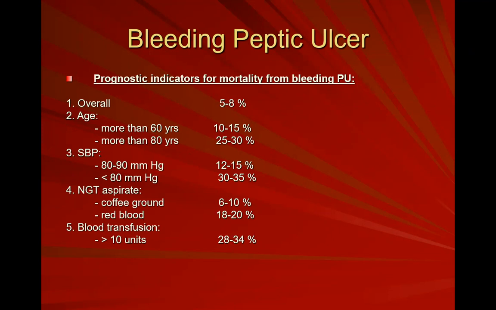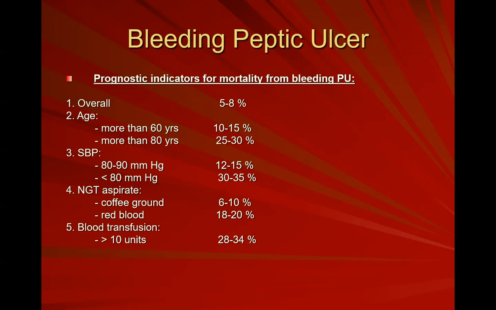So that we can identify first the content of the aspirate, and also we try to decrease the irritation that's ongoing in the gastric tract. Okay, so if the aspirate of the nasogastric tube was coffee ground and red blood, it would signify there would be an upper GI bleeding.